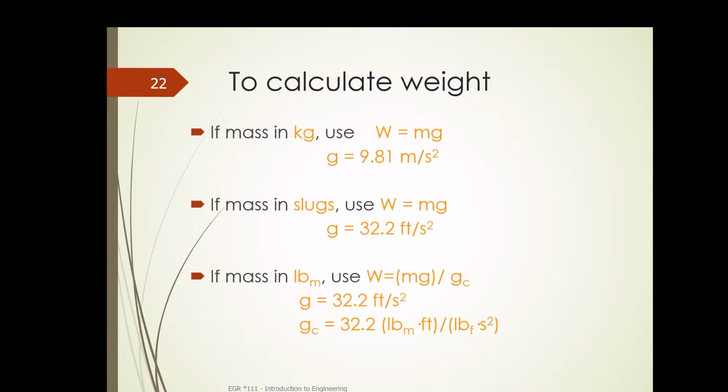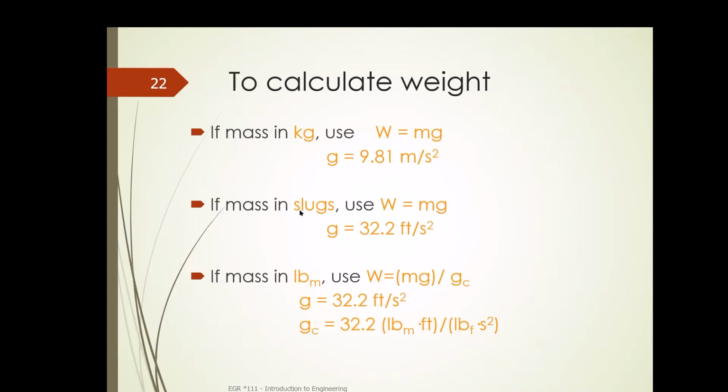So continuing on with this, how do you calculate weight? It's really going to be dependent upon what the units of the mass are. Is it kilograms, slugs, or is it this other thing called pound mass? If it's kilograms, g is just 9.81 meters per second squared.